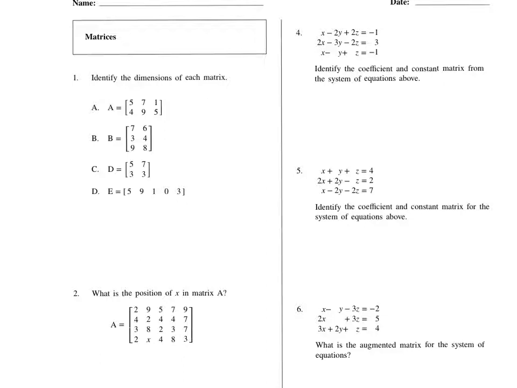If you look at number one, it says identify the dimensions of each matrix. Remember, for a matrix, we always identify the dimensions by the rows, by the columns. So here, if you look at matrix A, it has 2 rows by 3 columns. So this is a 2 by 3.